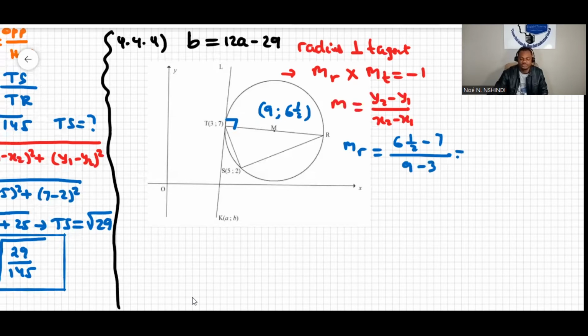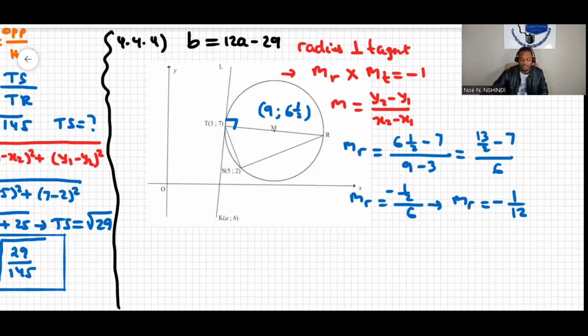This is equal to 13 over 2 minus 7 over 6, and MR will be equal to 13 over 2 minus 7, which is -1/2, over 6, and that makes MR equal to -1/12. How did I get it?